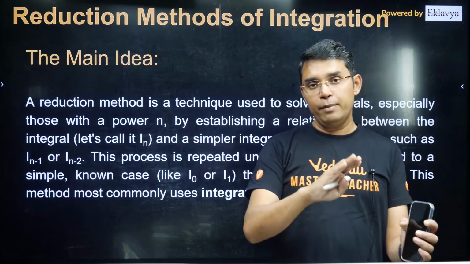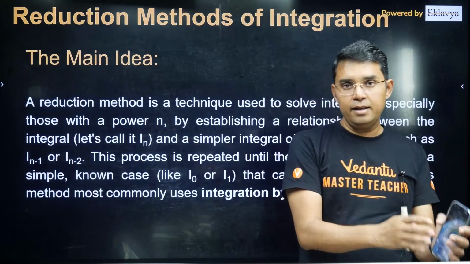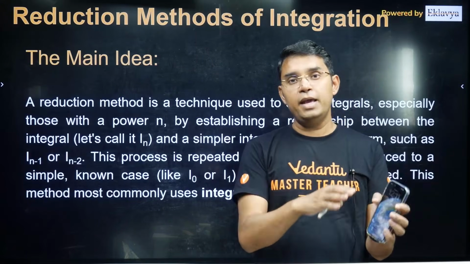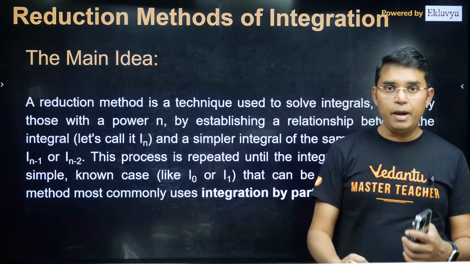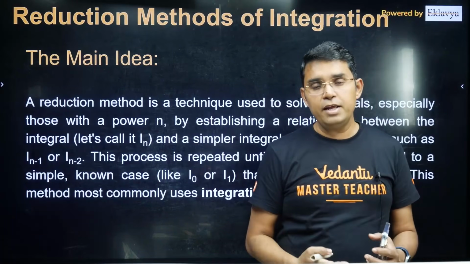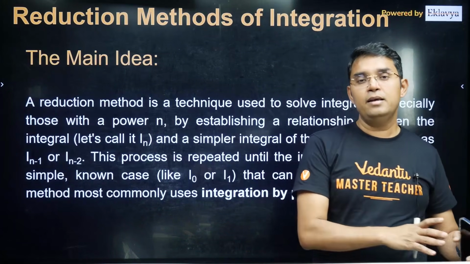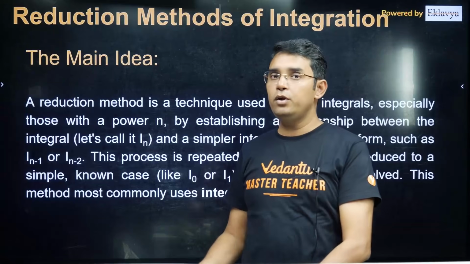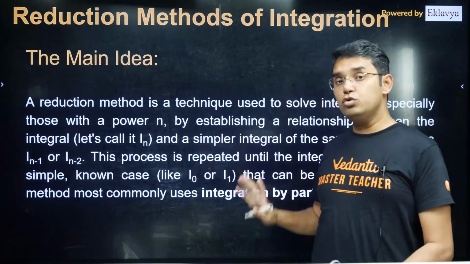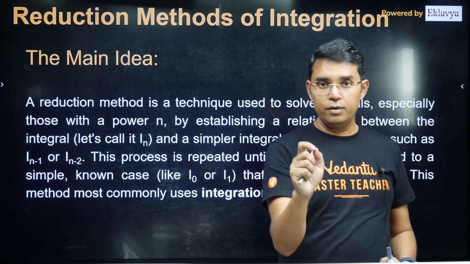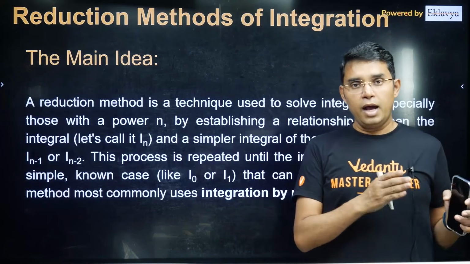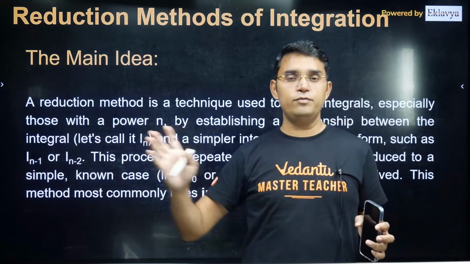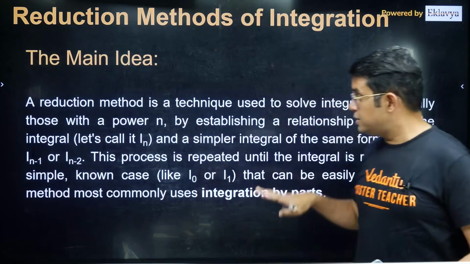So you will be able to reduce that integral from n to n minus 1 or n minus 2, and that same idea you will repeat recursively to get your I_n finally in terms of I_1 or I_0. For n equal to 0 or 1, if you know that value, I think we are done. We can find I_n finally in terms of the known values. So this is the idea.